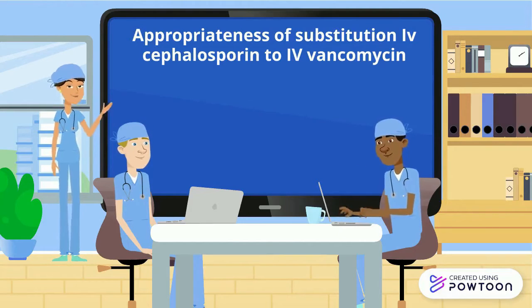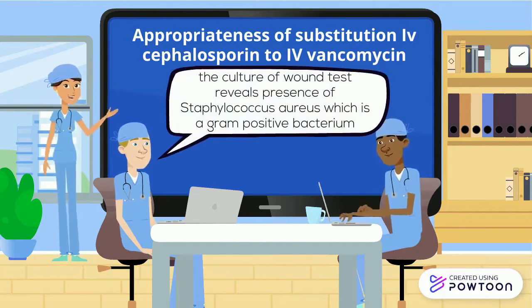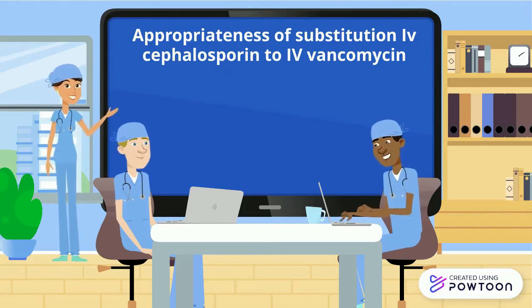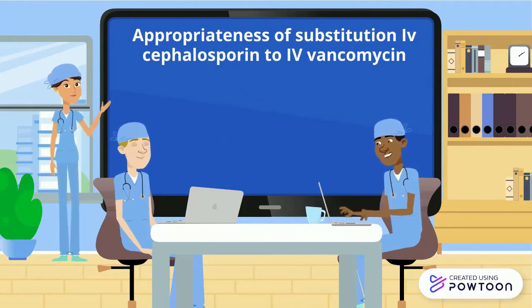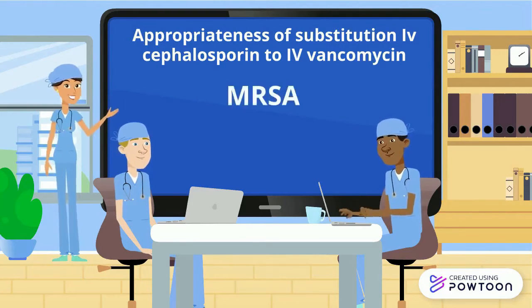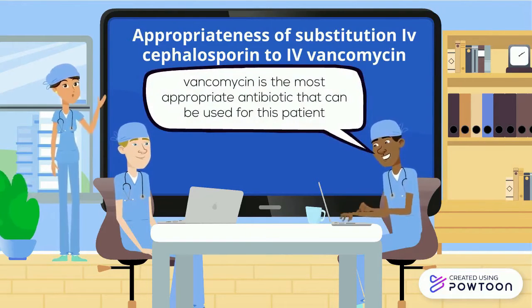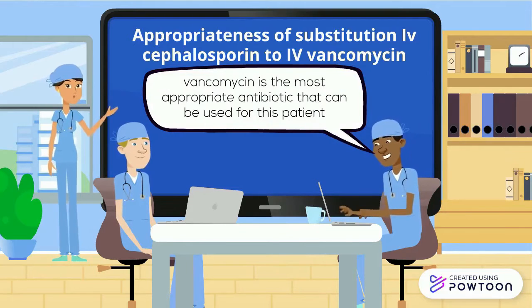Hence, once the wound culture test revealed the presence of Staphylococcus aureus, which is a gram-positive bacterium, in addition to the sensitivity test that showed the bacteria in the patient to be resistant to penicillin and cephalosporin, or what we call MRSA, vancomycin is the most appropriate antibiotic treatment that can be used for this patient.